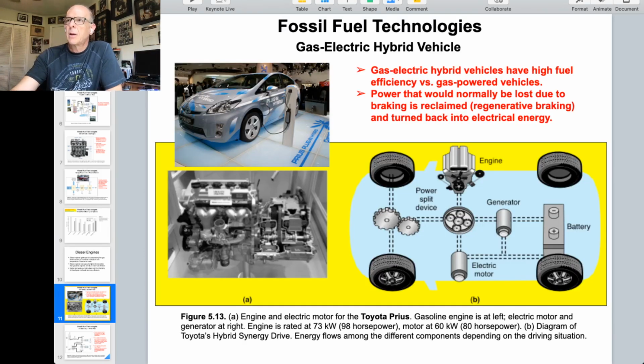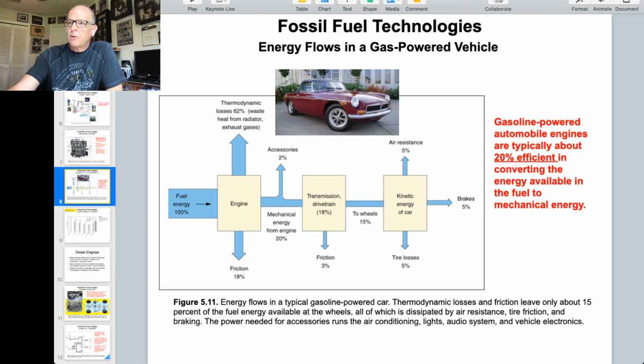A lot of hybrid cars out there now, and what those hybrid cars do is they work on reducing some of these losses that you see here when you brake. That energy of braking, instead of just being wasted as thermal energy, gets put back into a battery, which can then be used to power the transmission or the drivetrain of the car.